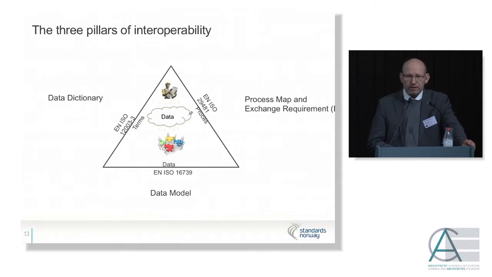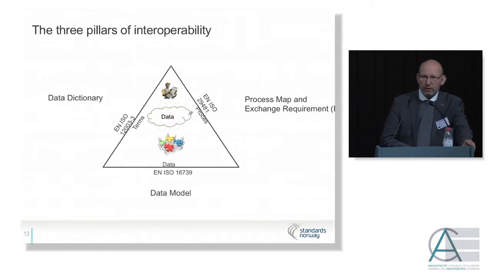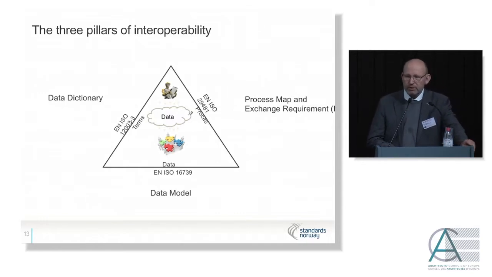Because there is a one-to-one connection between your processes, the decision you want to do, and the exchange information you need. So you need to define the exchange requirement. That's up to the users in the project to define. If you can do that, the software can pick it up using the so-called model view definitions and take care of the data.